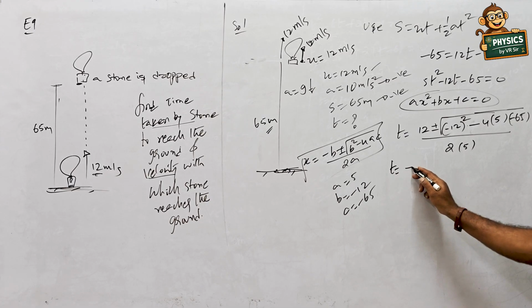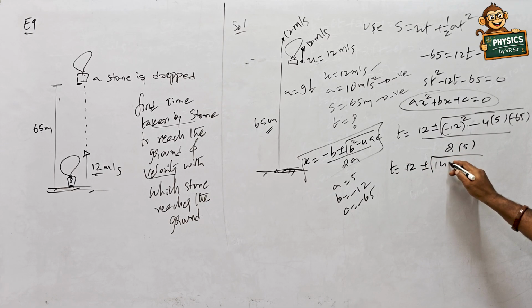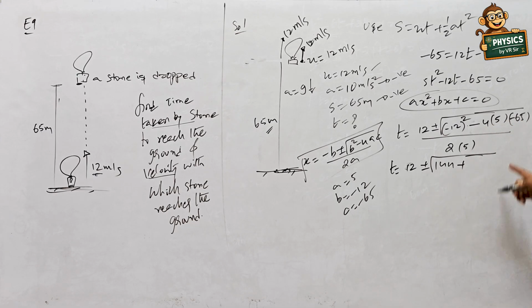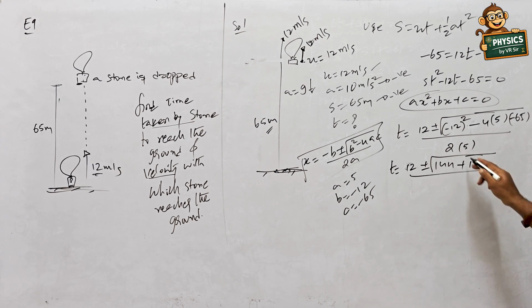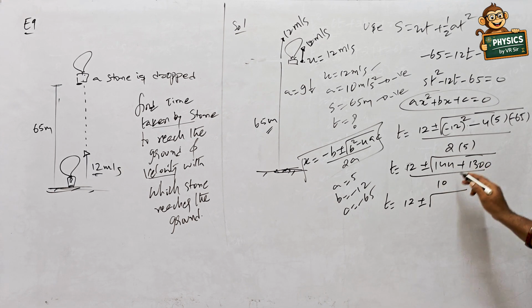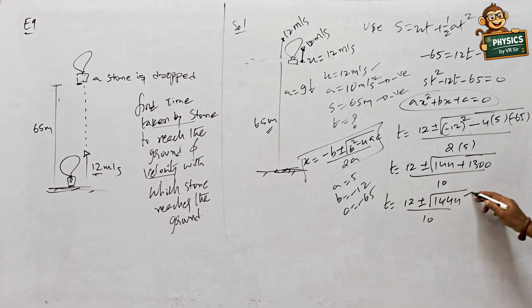So t equals 12 plus or minus root over 144 plus 1300, upon 10. So t equals 12 plus or minus root over 1444 upon 10. Of course, root 1444 is nothing but 38.